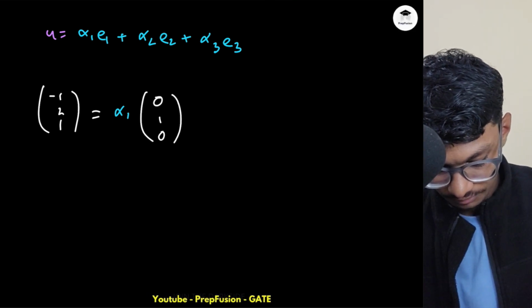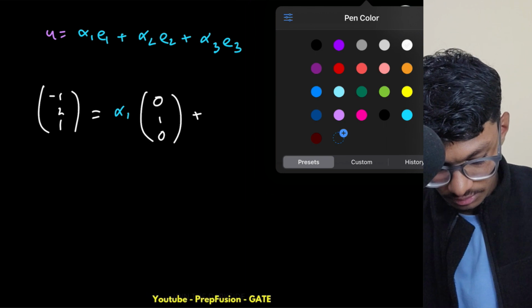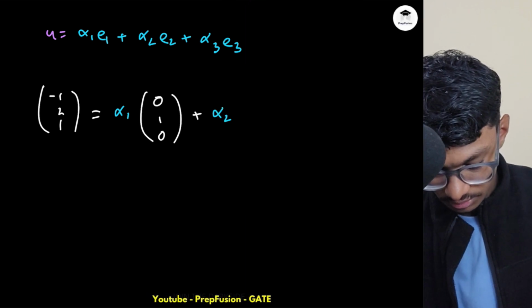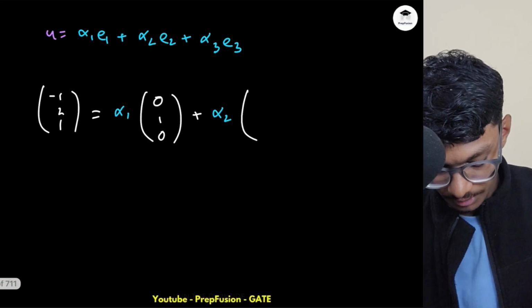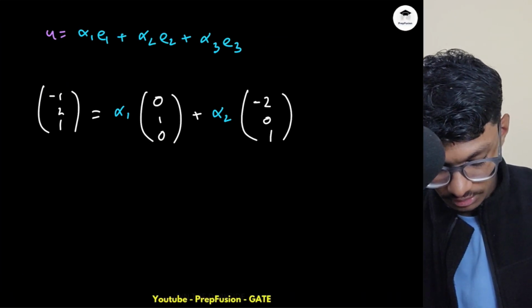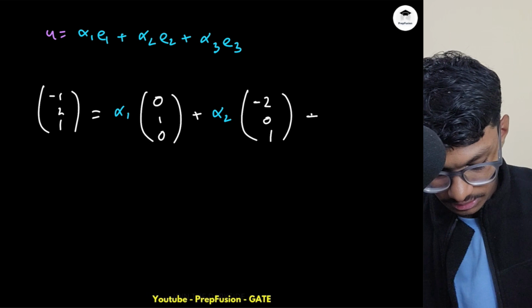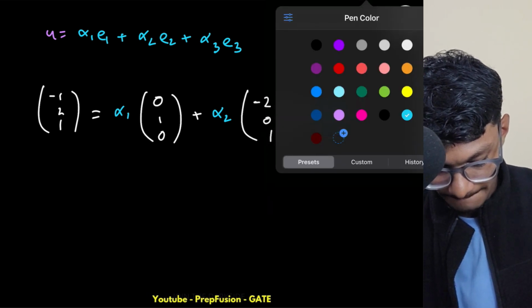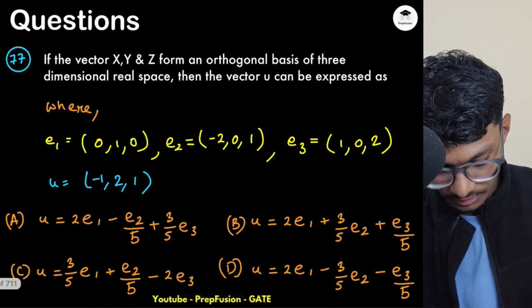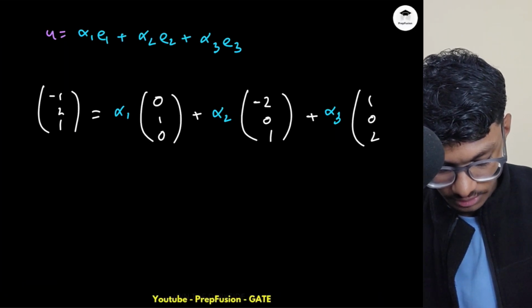And this alpha 2 is minus 2, 0, 1, and then plus this alpha 3 is 1, 0, 2, right?